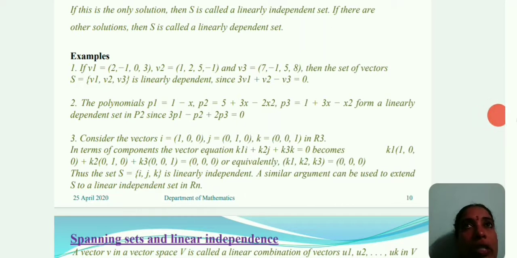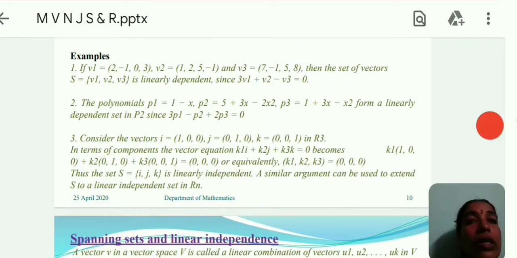Here, linear independence means, see the definition once again. Let V(F) be a vector space over the field F. Then a set S contains the elements alpha 1, alpha 2, and so on up to alpha n. Here S can be finite or infinite. This is called a finite set because the set S contains a finite number of elements. That's why S is called a finite set, and is said to be a linearly independent set of vectors. That means now you have to take the linear combination of the elements, that is a1, a2, and so on up to an.